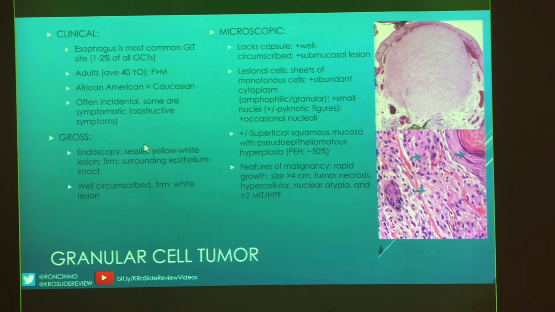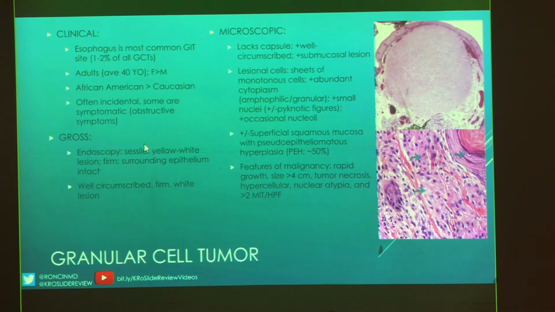These are well-circumscribed, firm lesions that will look more white on cut section. Microscopically, they do not have a capsule, but they should still be well-circumscribed, meaning that they don't have very infiltrated borders. And they should be submucosal, which you could also see in the previous case. The cells themselves are relatively monotonous, as we saw.